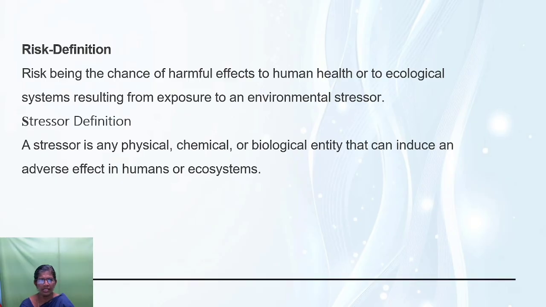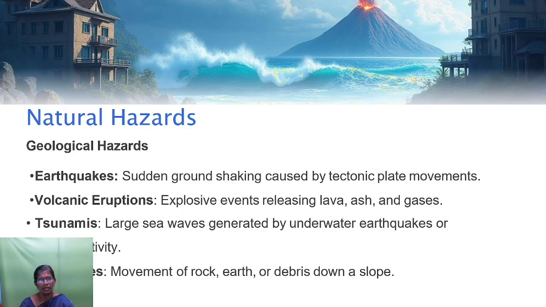So what is a stressor? It is a physical, chemical or biological entity which induces adverse effects in humans or any ecosystem. There are some natural hazards which come under geological hazards, meteorological hazards and biological hazards.